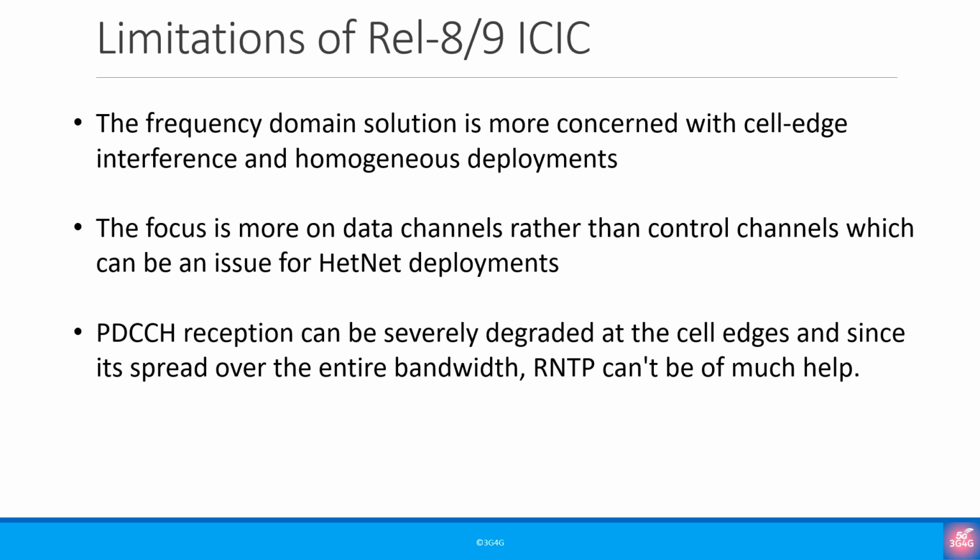This limits, for example, the aggressiveness with which range expansion can be configured and hence the gains that can be achieved using HetNets with cell range expansion. Some of these limitations were addressed as part of enhanced ICIC, or eICIC, which came as part of 3GPP release 10. There were even further enhancements that came later and are referred to as further enhanced ICIC, or FeICIC. We will look at them in another video in future.